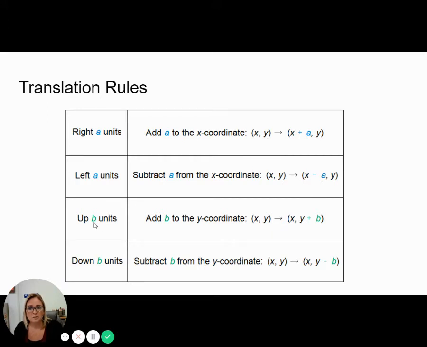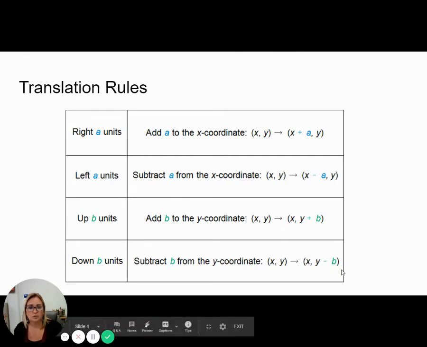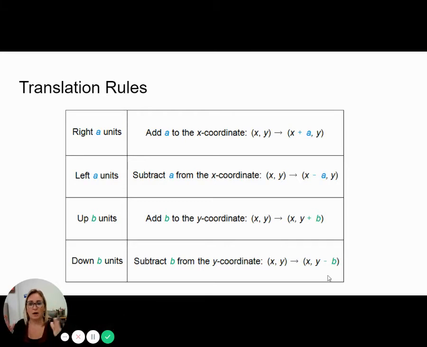If you are going to be going up, you are going to be adding to the Y value, and down is subtracting from the Y value. So if you think about it, that's kind of how our X and Y's work anyway. Adding goes to the positive side, negative is the subtracting, adding goes up for Y, subtracting goes to the negative. Okay, so this is definitely something you want to have in your notes as we're starting to write rules.